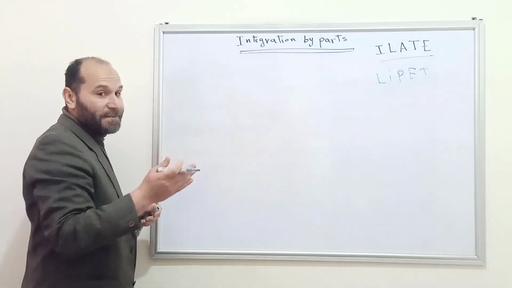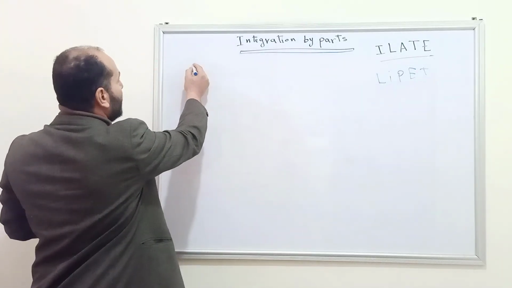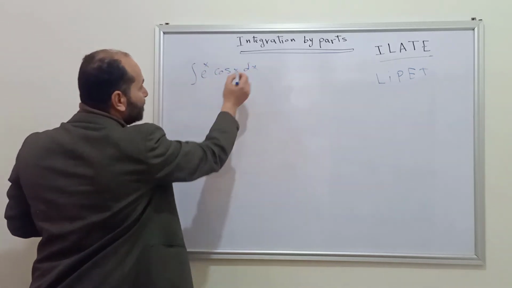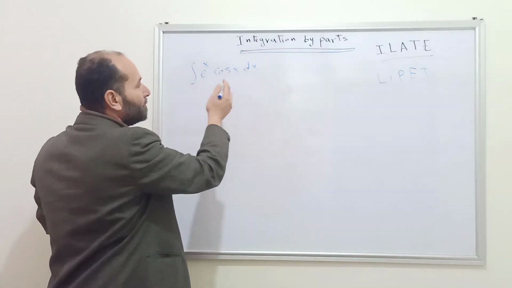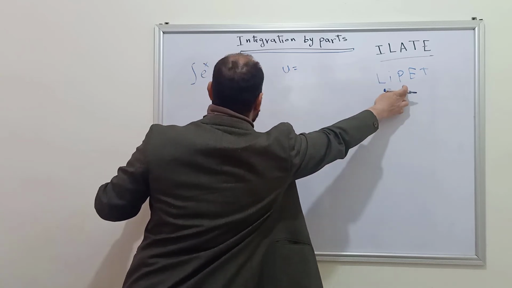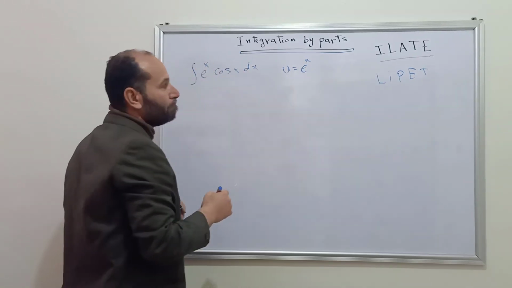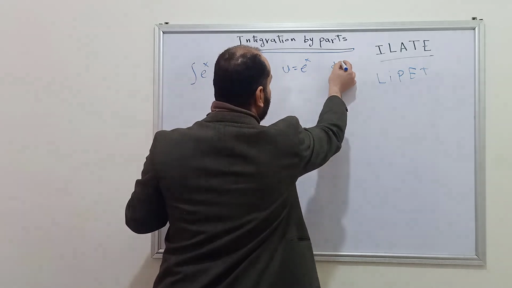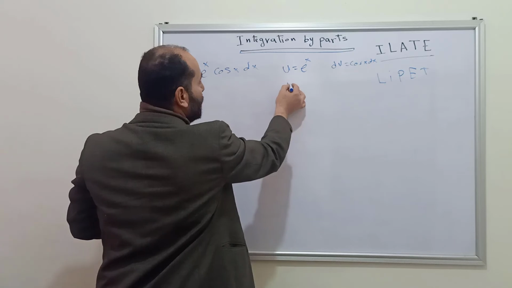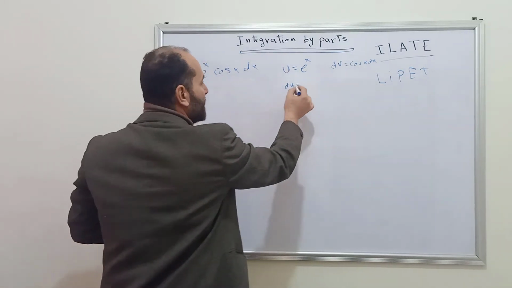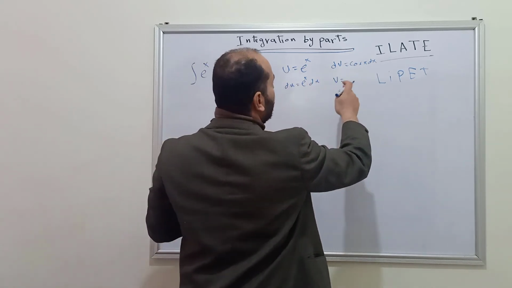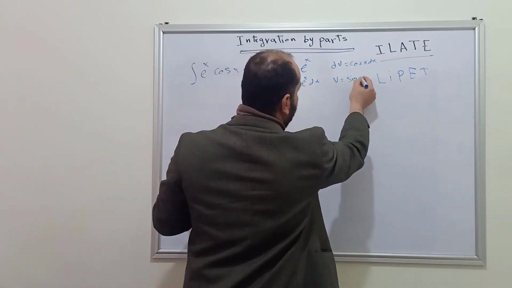So in the previous example, integration e power x cosine x dx, we can take u under this rule equals exponential e power x, and dv equals cosine x dx. So du here equals e power x dx, and v equals integration of cosine equals sine x.